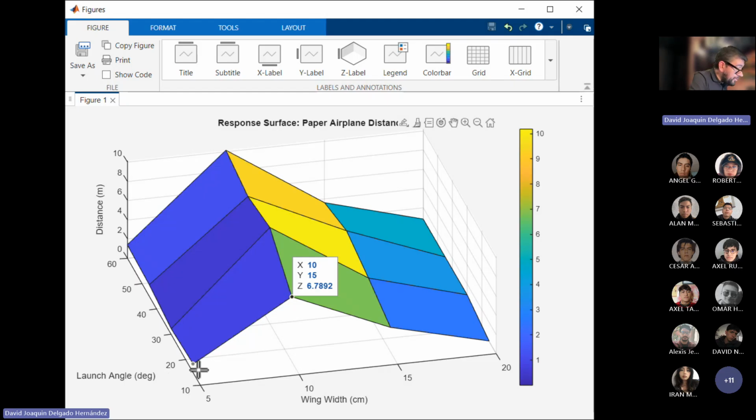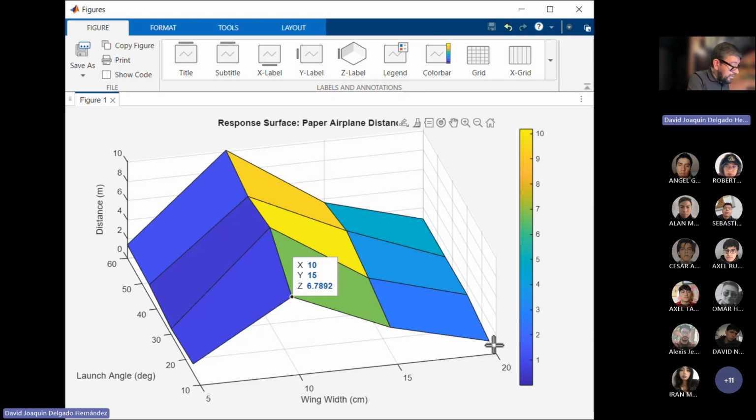And at the beginning, you only had this point and this one, so you have a straight line in this case. But now, when you introduce a new value between these two extremes, you can now see that there is a better performance of the airplane if you have a wing width of 10, okay? 10 centimeters, okay?